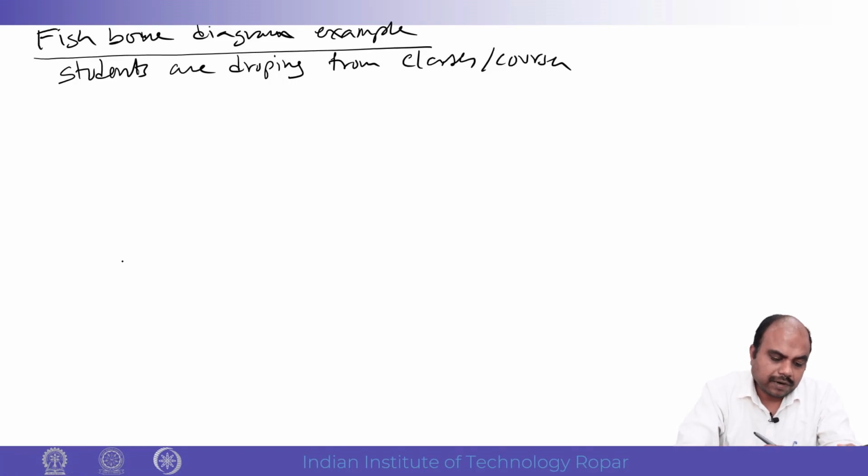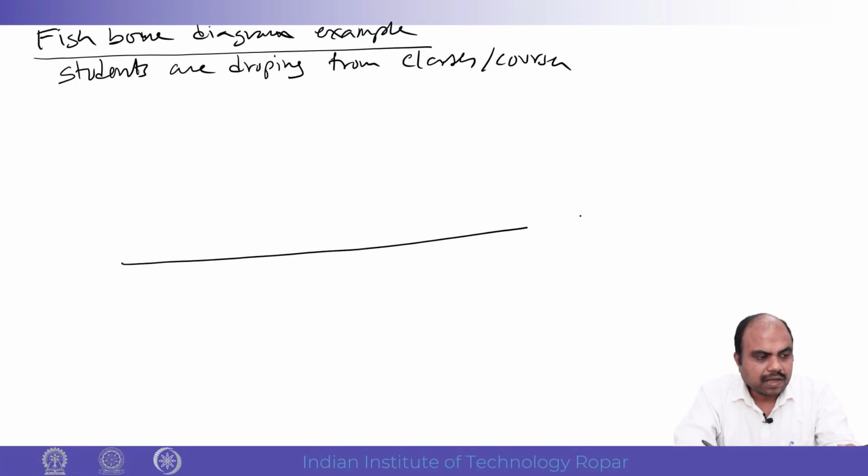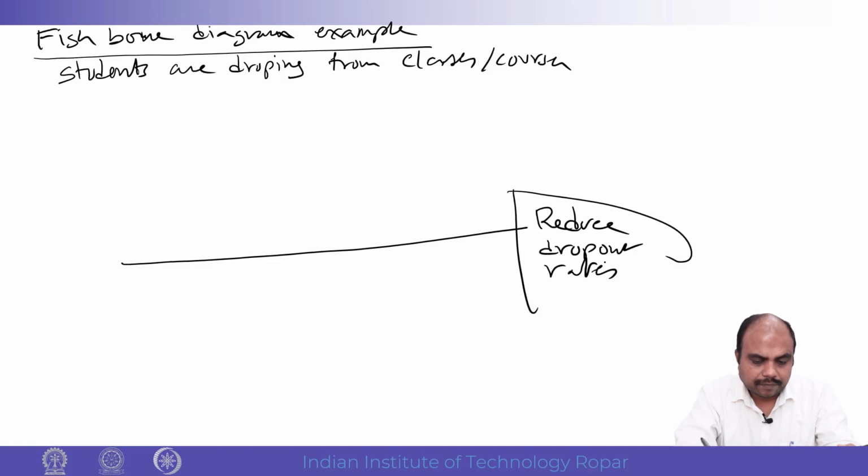Now they are using a fishbone diagram. Instead of asking why the students are dropping, they wanted to improve the rate of students taking the courses, so that more students will be enrolling. So instead they want to make it positive: reduce dropout rates. This is ultimately the aim of the work.